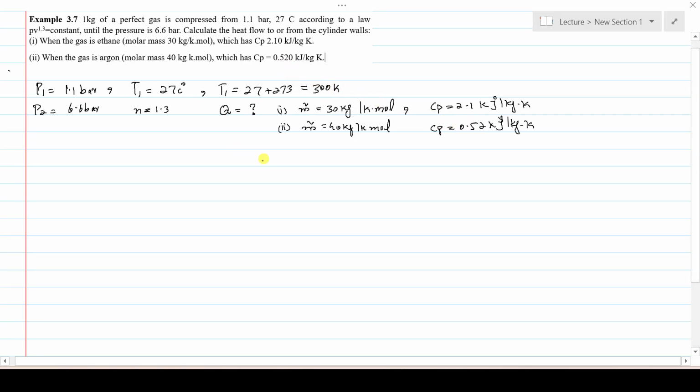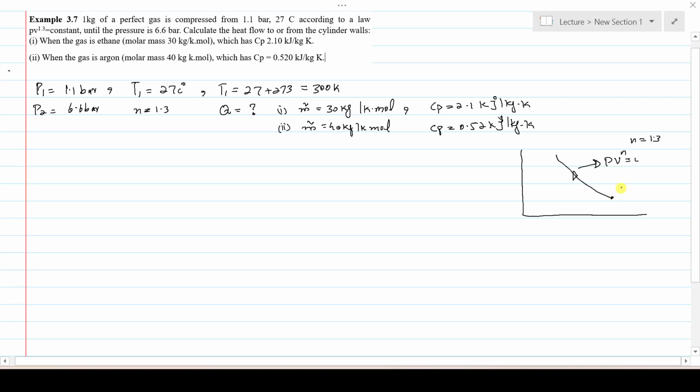Let me draw the PV diagram of this statement. Since compression takes place, it is obvious that volume will decrease and pressure will increase. This compression follows the law of polytropic compression, that is PV to the power n is equal to constant, and the value of n is 1.3.